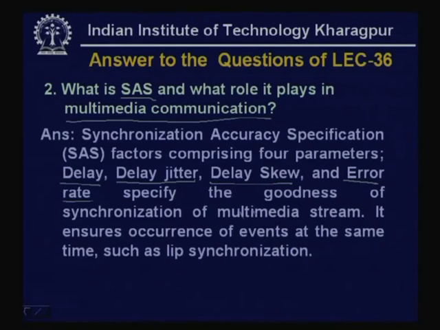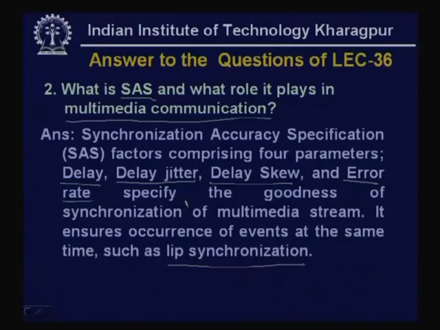They specify the goodness of synchronization of the multimedia stream in addition to the bandwidth which is required. It ensures occurrence of events at the same time such as lip synchronization, and this synchronization accuracy specification ensures that all the multimedia signals take place at precise time instants in a synchronized manner. So, that is the role of SAS factors.